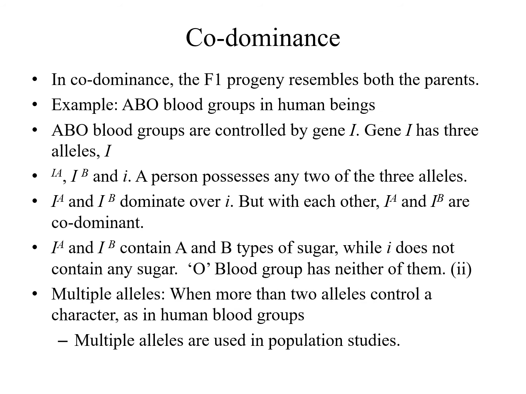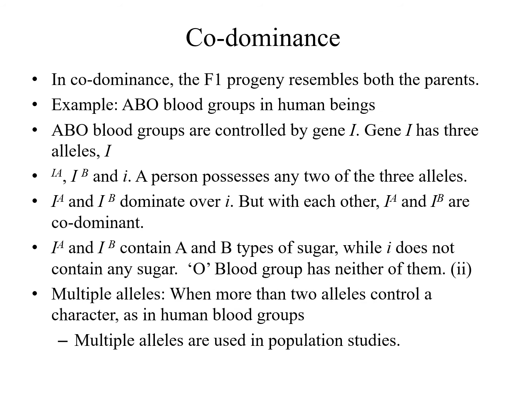But with each other, IA and IB are codominant. IA and IB contain A and B type of sugar, while i does not contain any type of sugar. O blood group has neither of them, so we can say the gene is small i.